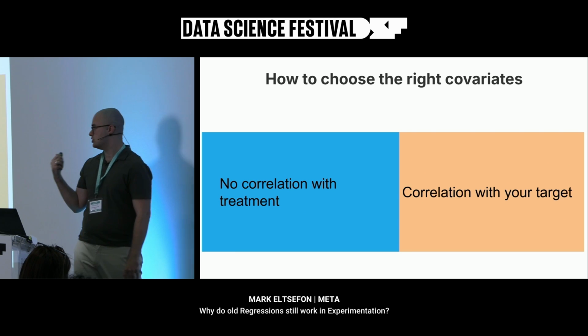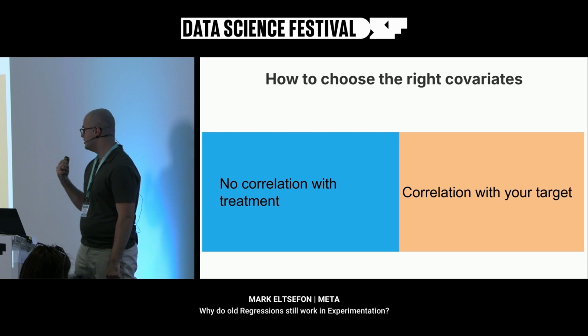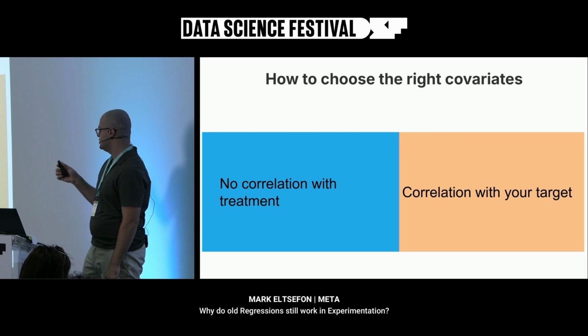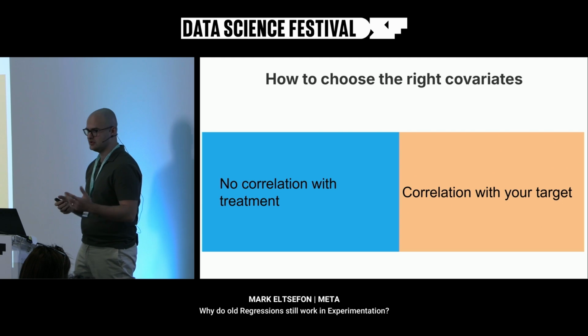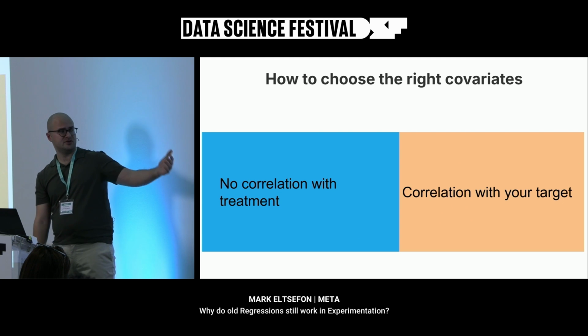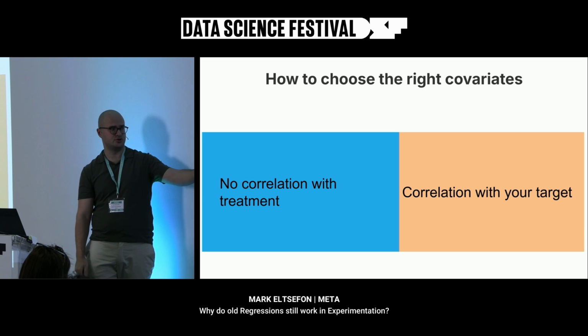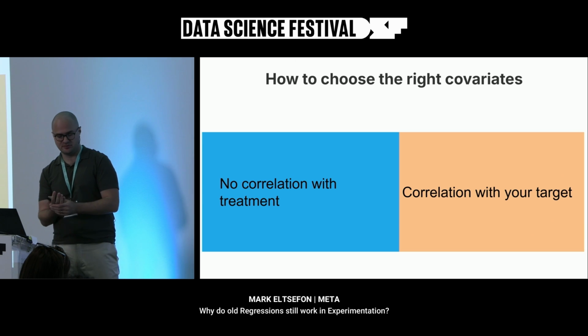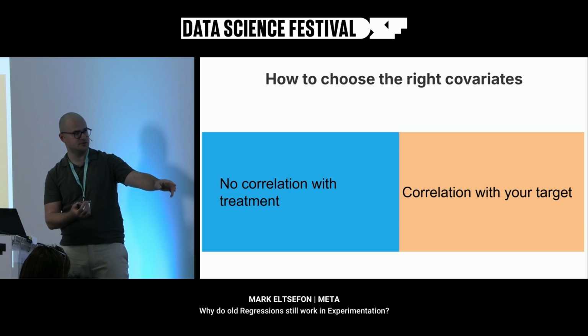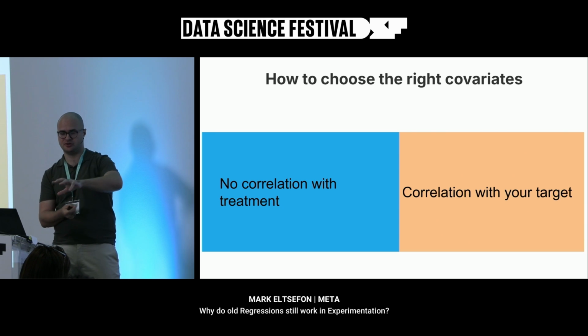That's what we actually did like 2 minutes ago. It's better to find something highly correlated with your target. Like if your target is average number of items per order, it's definitely going to be a good option to choose average number of items per order for the last month.